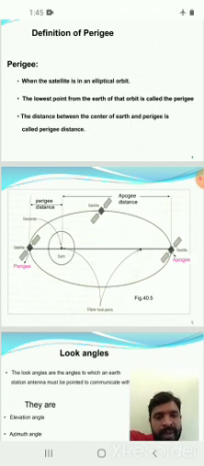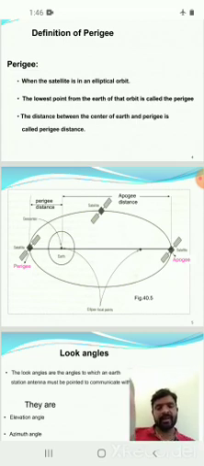Similarly, the satellite is rotating on an elliptical orbit, then the smallest distance, the lowest point from the earth station to the satellite, at the point nearest to the earth, is called perigee.